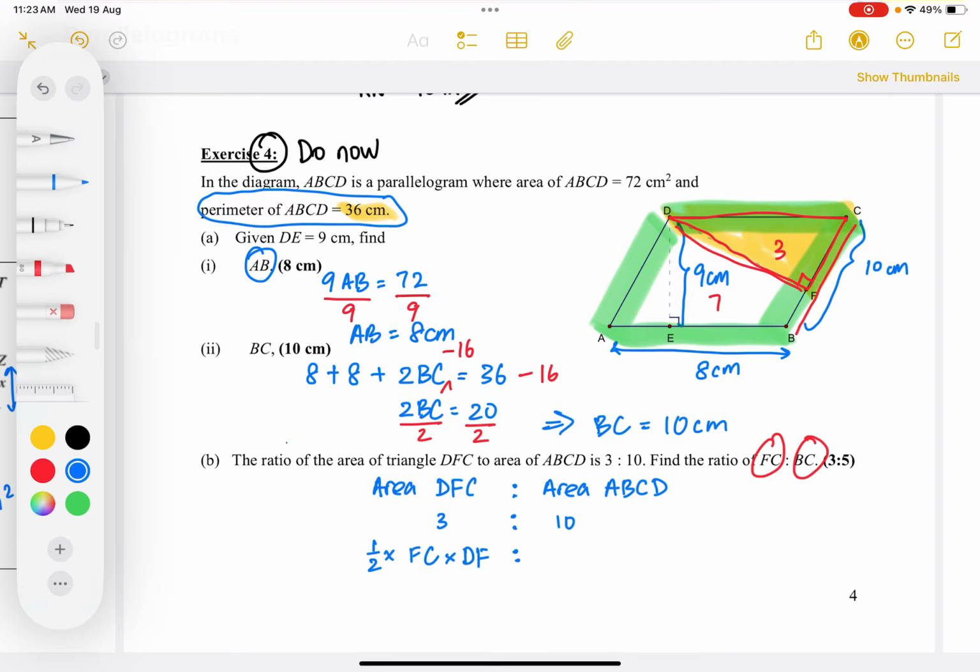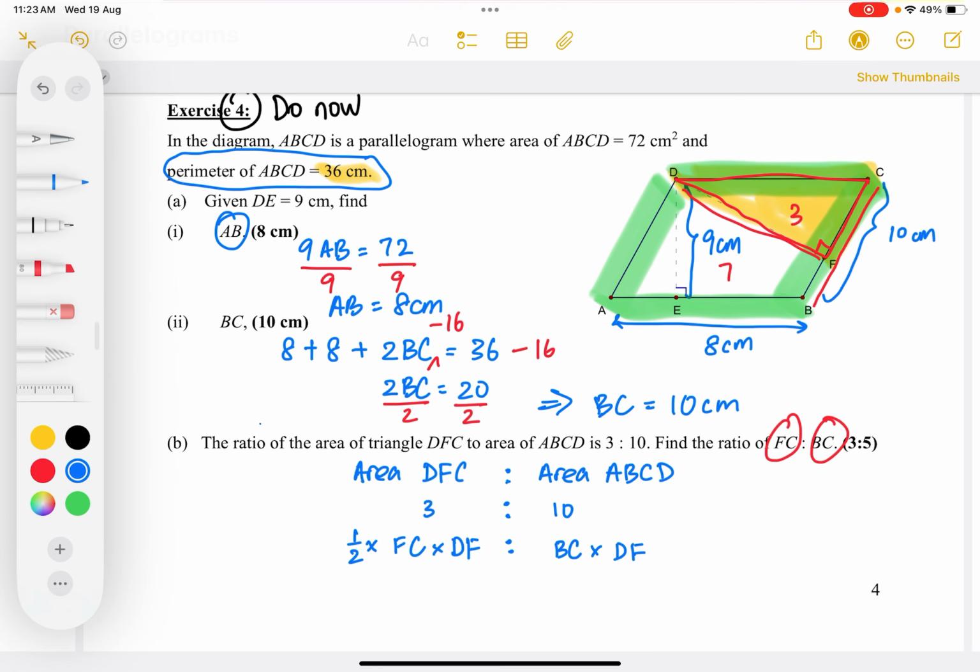Now for our parallelogram, our area will be the base, BC, multiplied by the perpendicular height, which is the same, DF. So we see, hey, there is some information that is the same already. Use a pencil. You can cancel both sides.